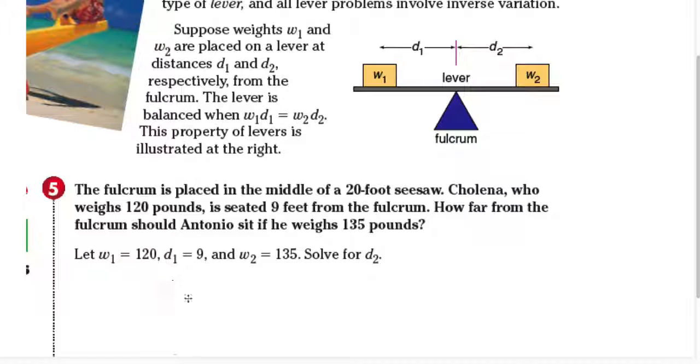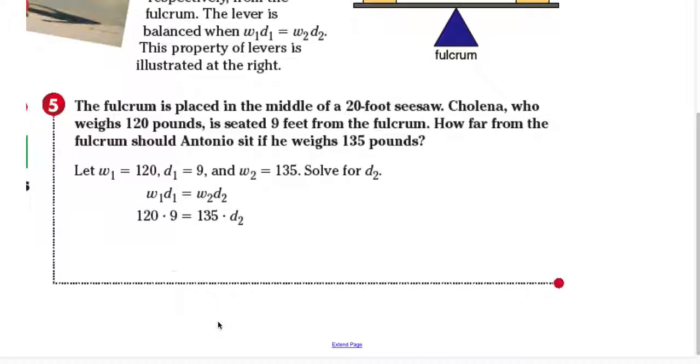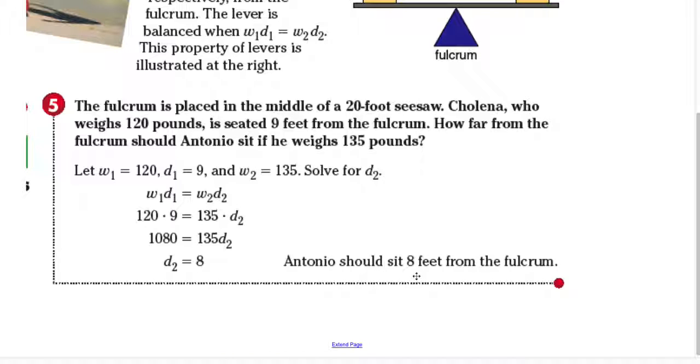Using the formula, we simply substitute the values: 120 times 9 equals 135 times D sub 2. Simplifying 120 times 9, 1080 equals 135 D sub 2. Dividing both sides by 135, we end up with D equals 8. So for the seesaw to be balanced, Antonio should sit 8 feet from the fulcrum.